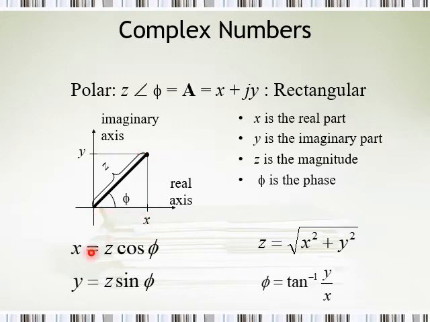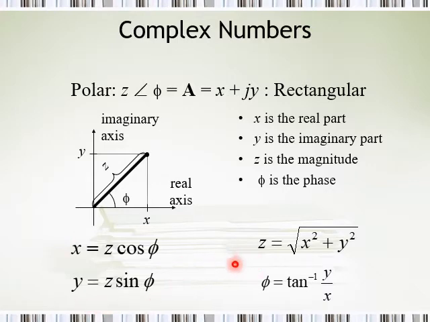X is Z cos phi. Z is this magnitude, cosine this angle. Y is Z sine theta. Z is this magnitude and sine this angle. So we can get the value of rectangular form.